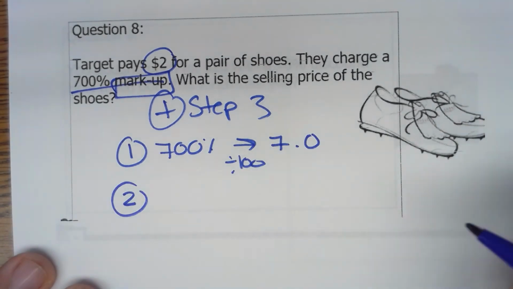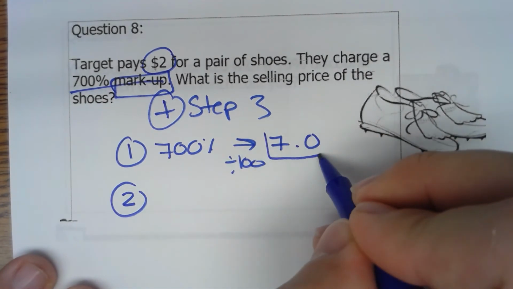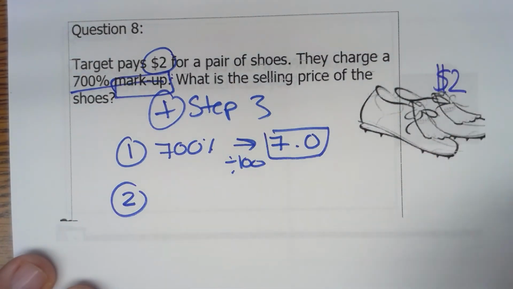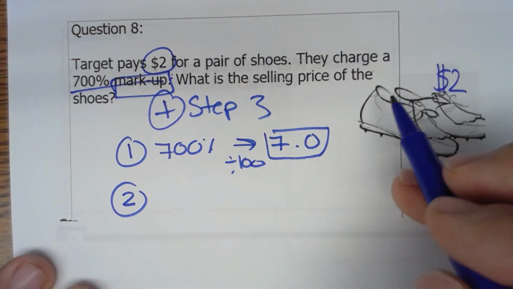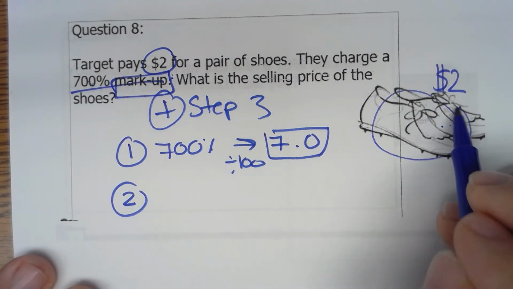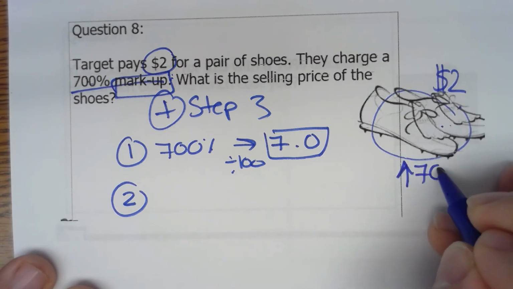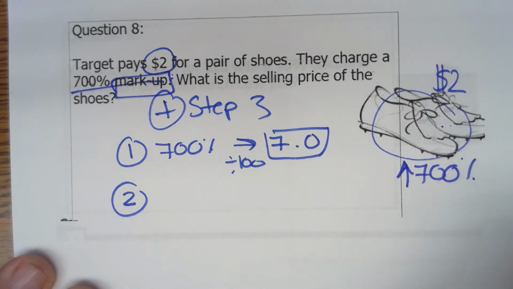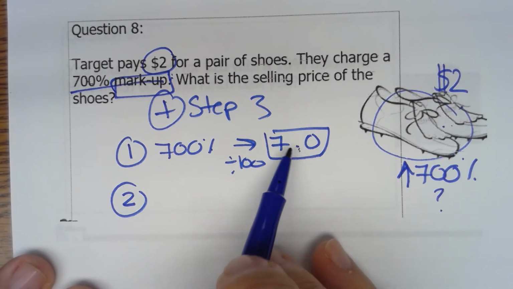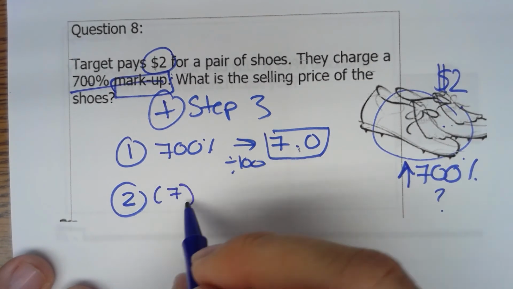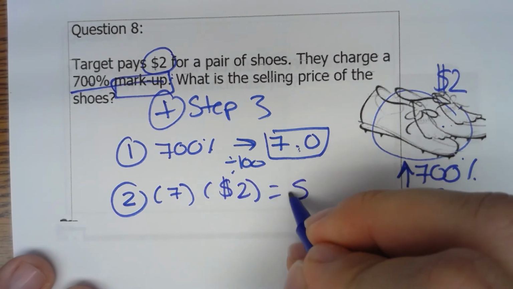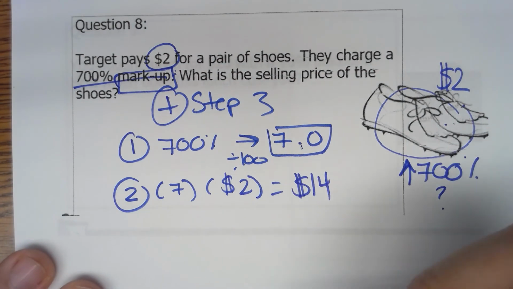Step 2, you're going to multiply this number by the original price of $2 for the shoe. Target pays $2 for these shoes, but they're going to increase the price by 700% for you. So how much will you pay? After I multiply this by $2, you're going to get $14.